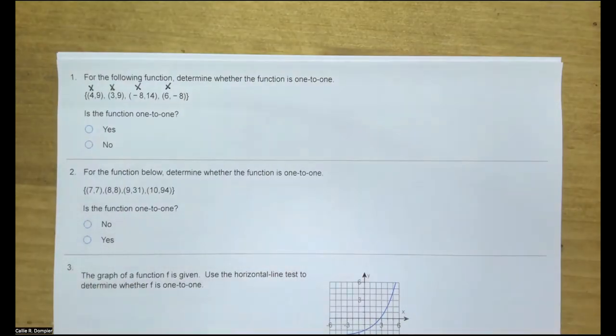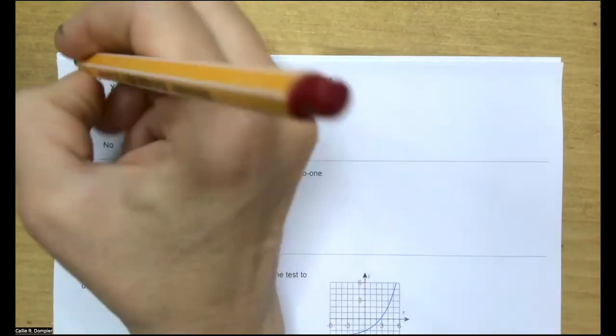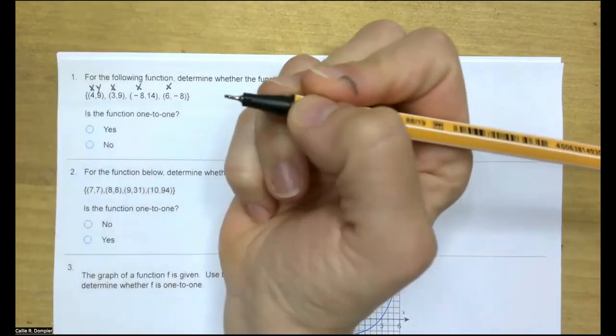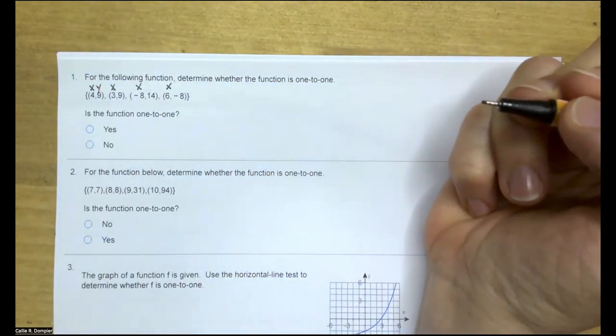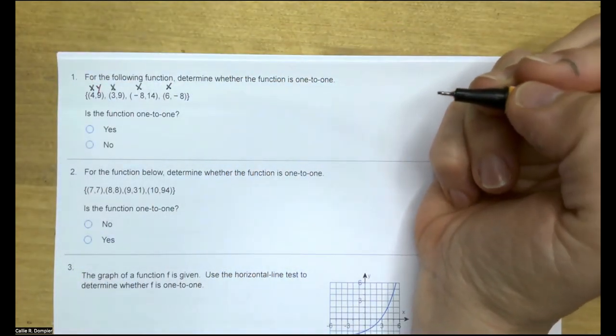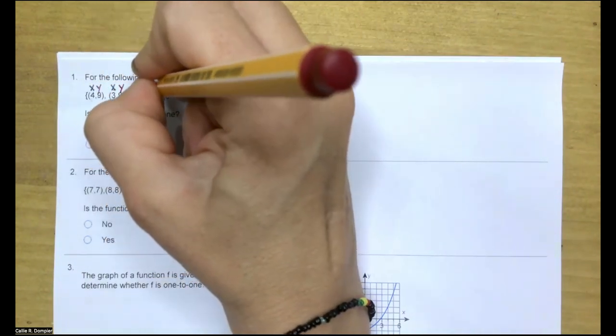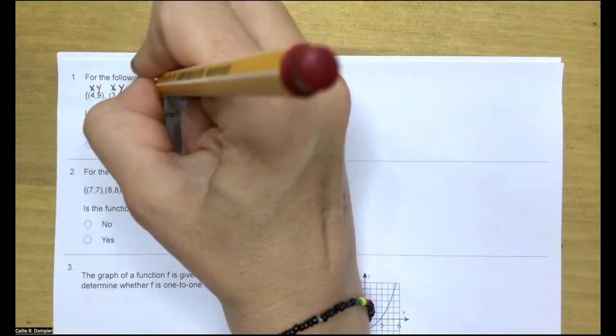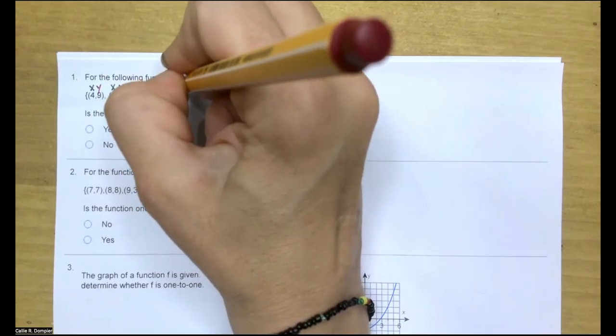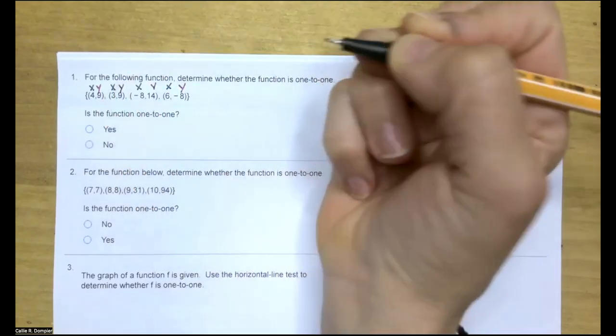So if we put in an x, whatever this function is, we don't really know. If I put in a 4 for an x for that function, I will get out a 9. If I put in a 3, I will get out a 9. If I put in a -8, I will get a 14. And if I put in a 6, I will get a -8.